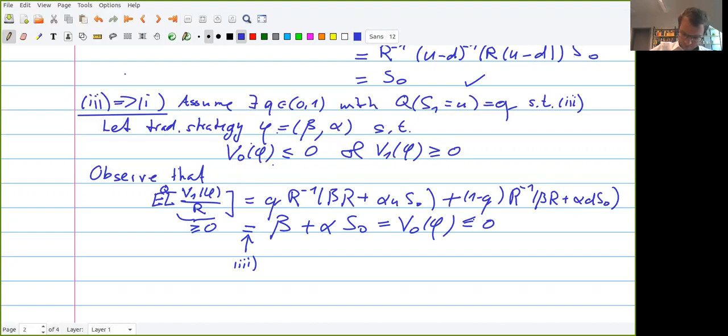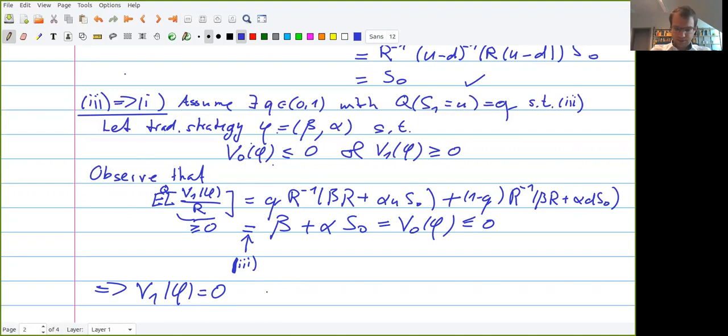All right. So this means, since it's a non-negative random variable with expectation 0, this is almost surely equal to 0.